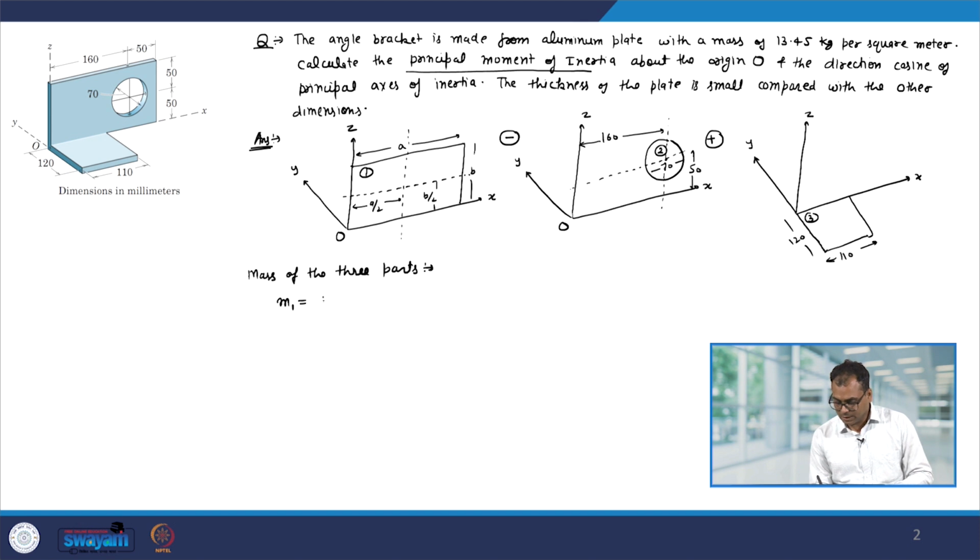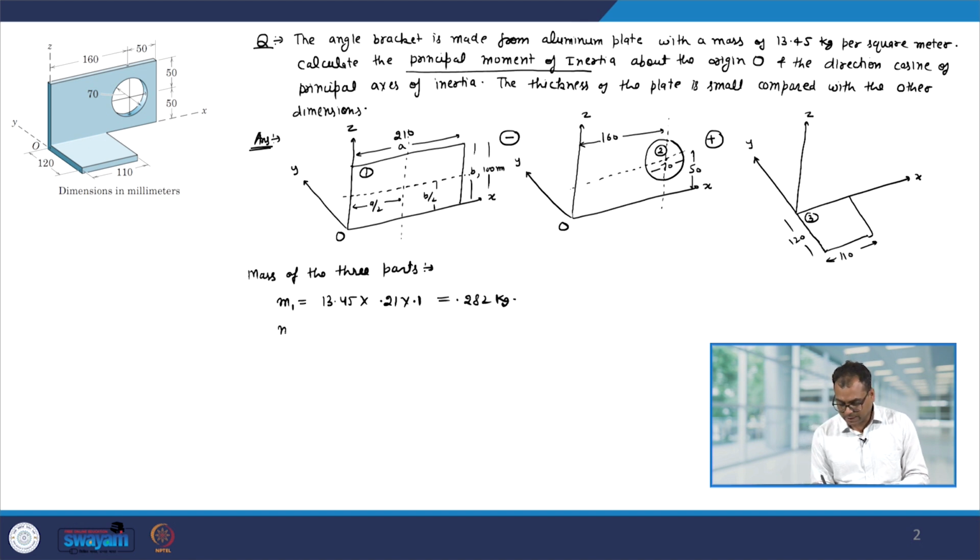So, density is 13.45 into the length. A is 210 mm and B is 100 mm. So, that will be equal to 0.21 into 0.1 and that will be 0.282 kg.